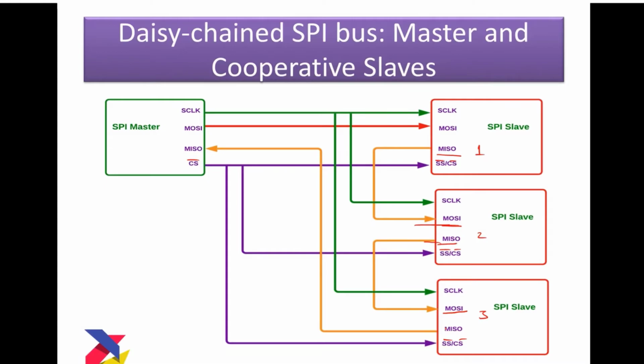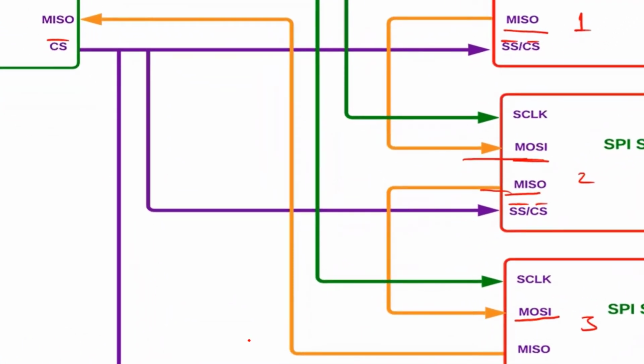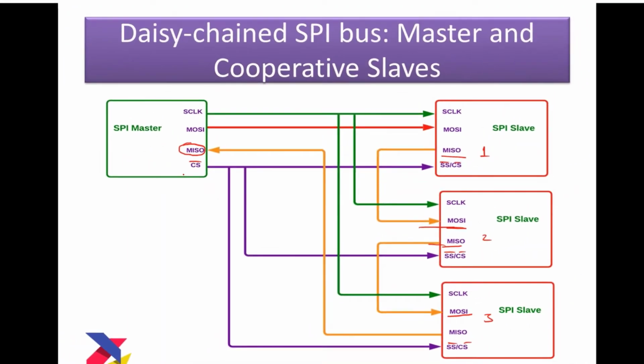Coming to the master input slave output configuration, we can directly connect the third slave to the master MISO line. The main difference between the daisy chain model and the independent slave configuration: we have only one chip select or slave select pin. From this pin only we can configure the 3 slaves. That is the difference between the independent slave configuration and the daisy chain model.